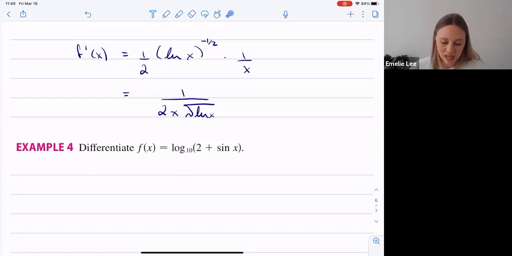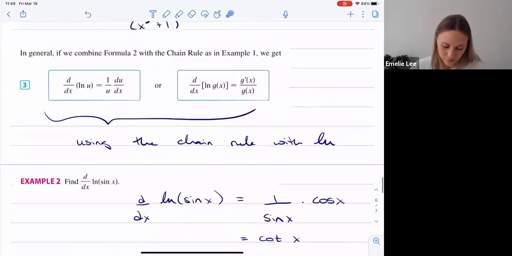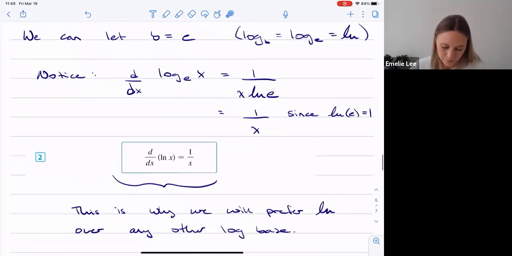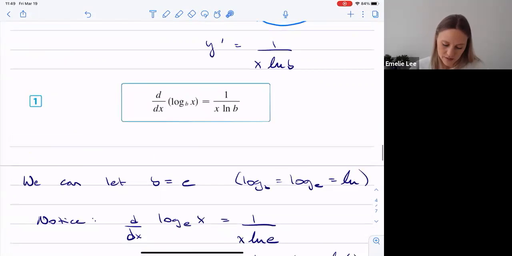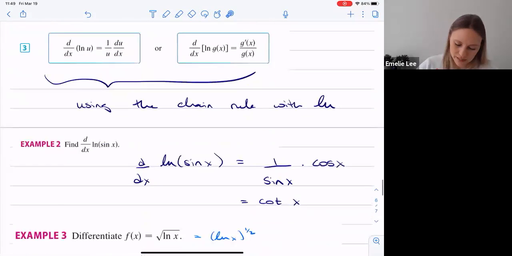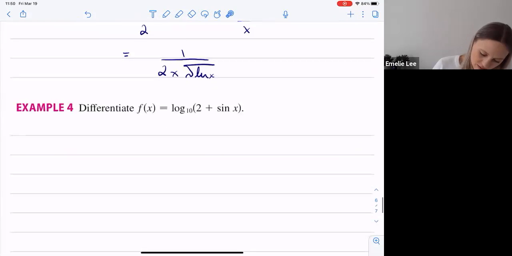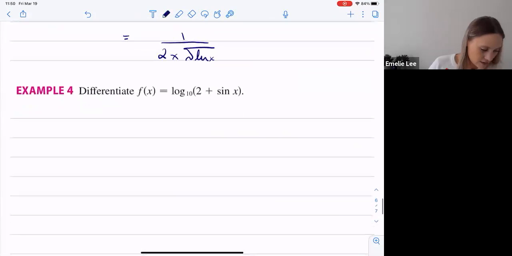So the log base 10 of something, remember from before, is, so now b is 10. Right, so now you have 1 over x times the log of 10, or the natural log of 10. So it's still the natural log under there, but b is 10.